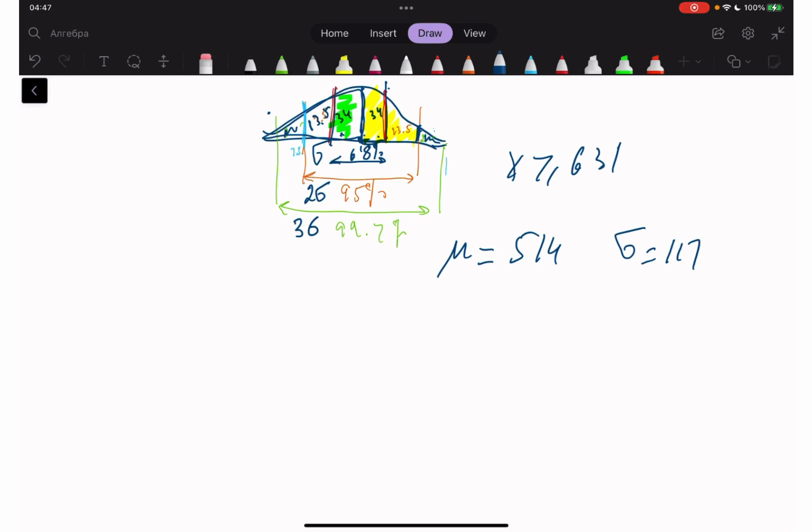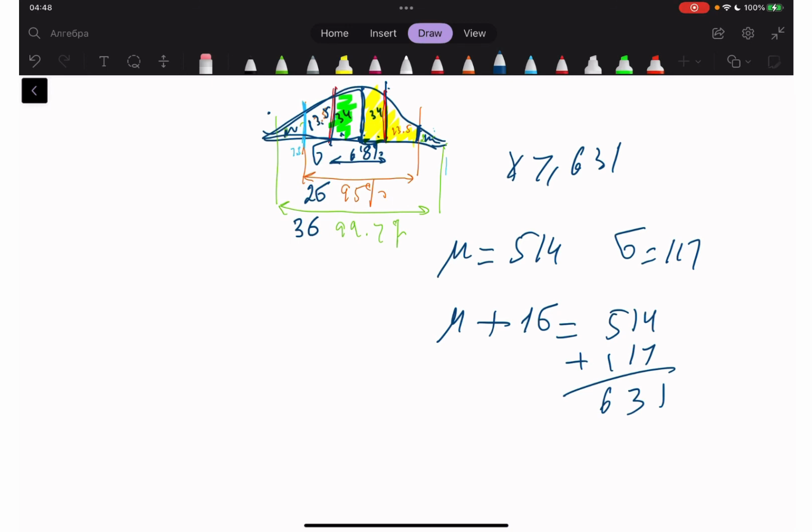First of all, let's find where 631 is lying. Let's check mu plus minus, I would say one standard deviation looks like. This one is plus one standard deviation, which is 514 plus 117, which is 631.